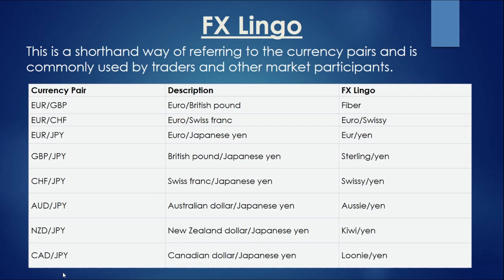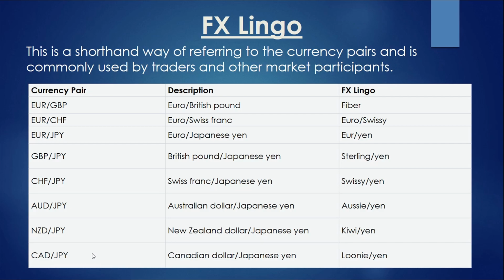So Euro Swissy, and Euro Japanese yen is Euro yen. British pound and Japanese yen is called sterling yen, and Swiss franc and Japanese yen is Swiss yen. Australian dollar and Japanese yen is Aussie yen. New Zealand with Japanese yen is called Kiwi yen. Canadian dollar with Japanese yen is called Loonie yen.